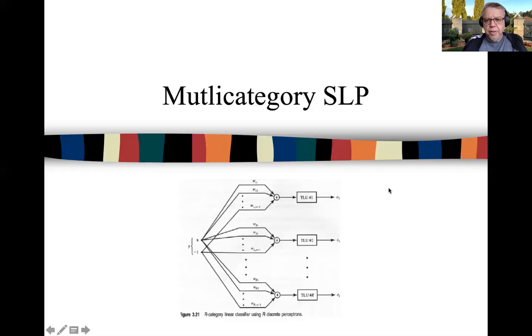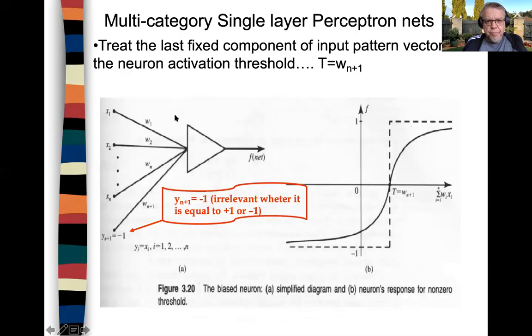Okay, let's now look at the multi-category single layer perceptron. Just to remind you, this is a perceptron with an input pattern x1 to xn.